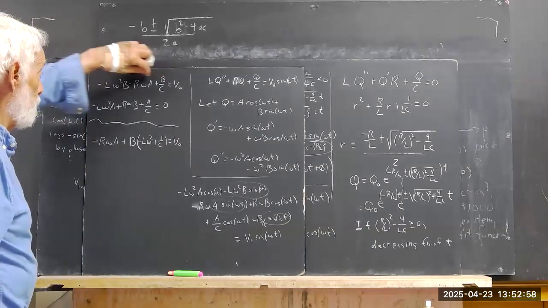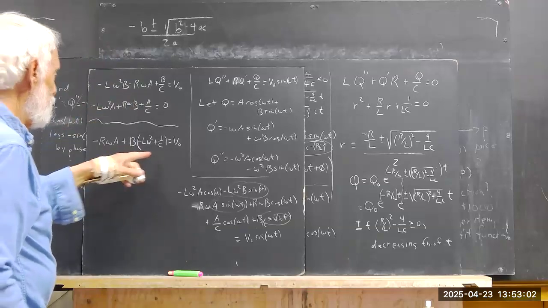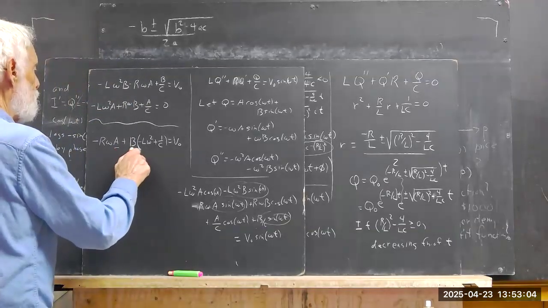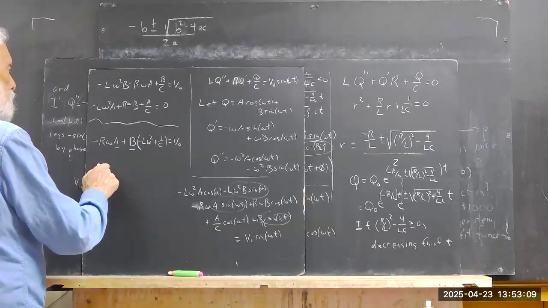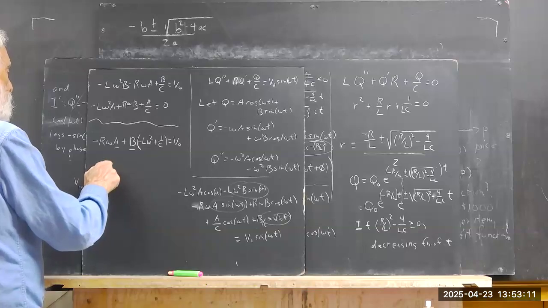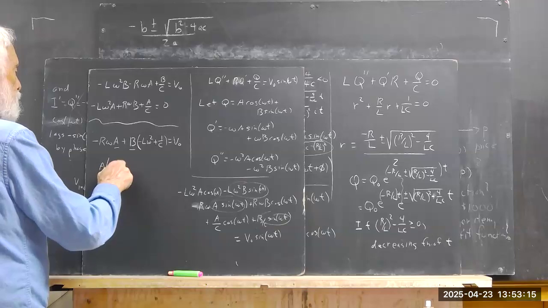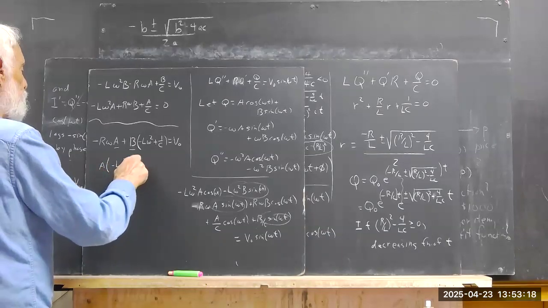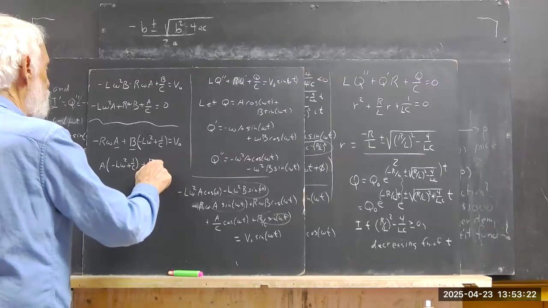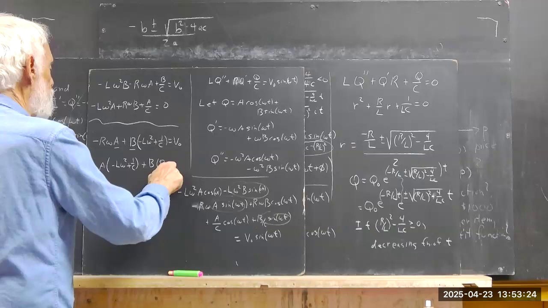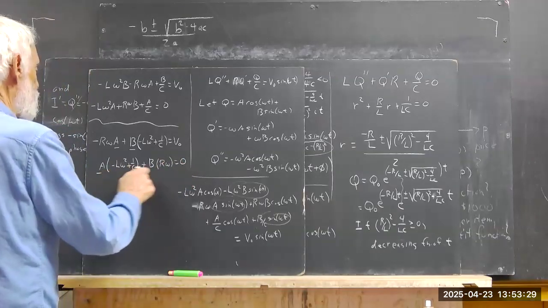I just took the two terms with B on them and factored out the B. So now I've got a multiple of A and a multiple of B. Here, A times negative L omega squared plus 1 over C plus B times R omega equals 0. So there's A and B.